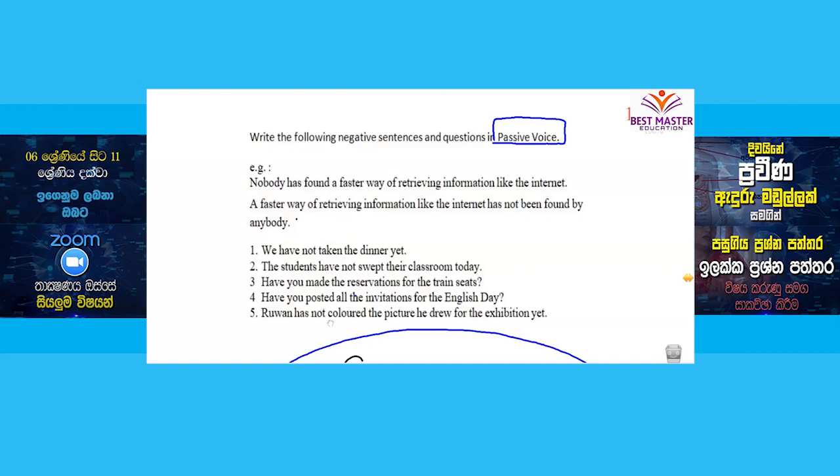Before we write the negative, before we write the questions, first we have to understand what is the format of the passive.